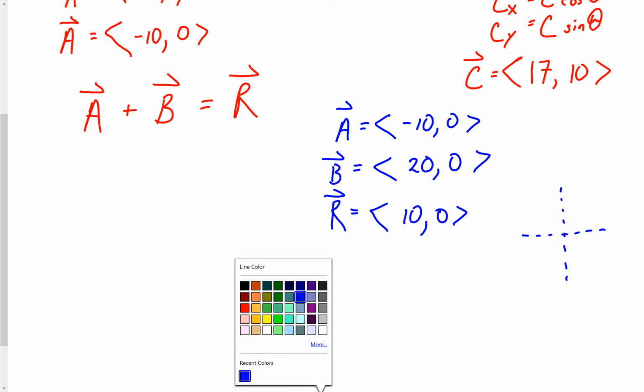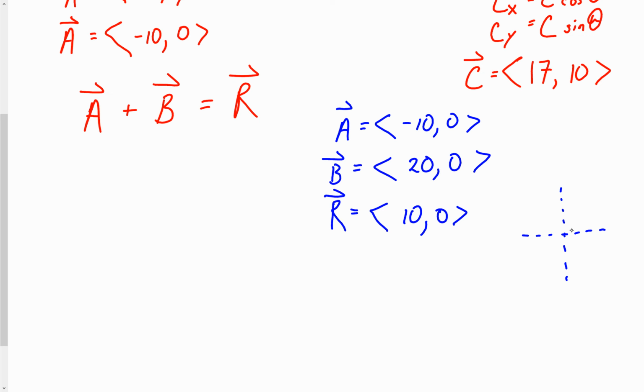Vector R, if we drew it out in its components, would be 10 units that way. And that's all it would be. But now let's say you want to find the magnitude of R. Guys, to find magnitude, R is always nothing but Pythagorean. All we got to do is take my x squared plus my y squared. And you should be going, Jason, this one's pretty easy.